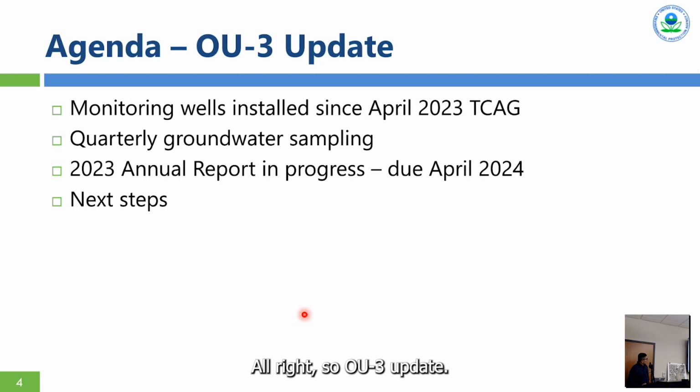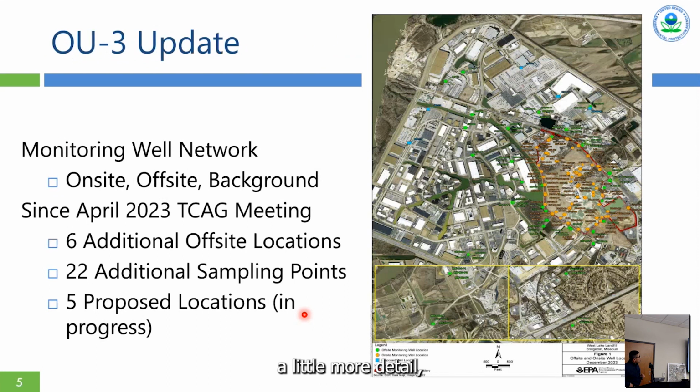All right, so OU3 update. Again, the next slide will have a little more detail, so don't worry if you can't read everything on here, but I just wanted to orient you a little bit. The red line here shows where the site boundary is. And then we have a bunch of wells.